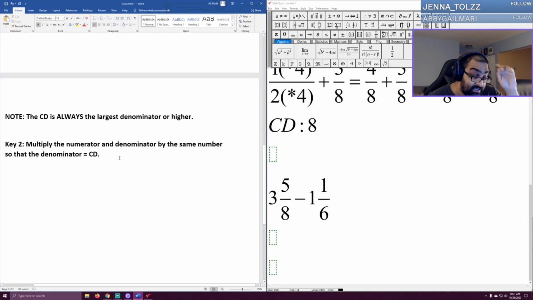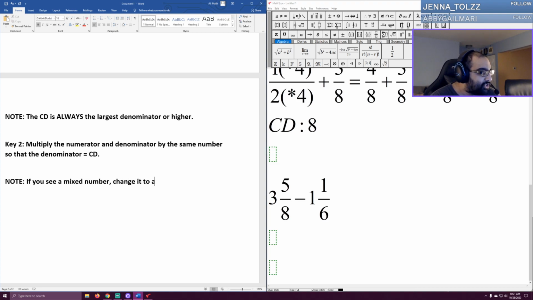In this case, we're doing subtraction. Now the process is exactly the same with the only added bonus of this note: if you see a mixed number, change it to an improper fraction first. So we're just going to change these mixed numbers into improper fractions.